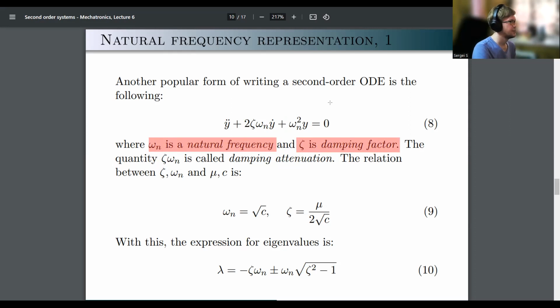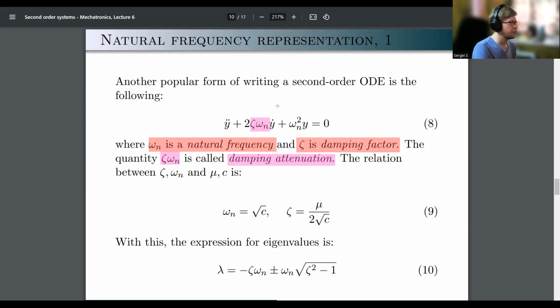Those are the names for those variables, right? This quantity here, zeta times omega, is called damping attenuation. Attenuation basically means dwindling, like how much you dwindle something. So it's damping attenuation.